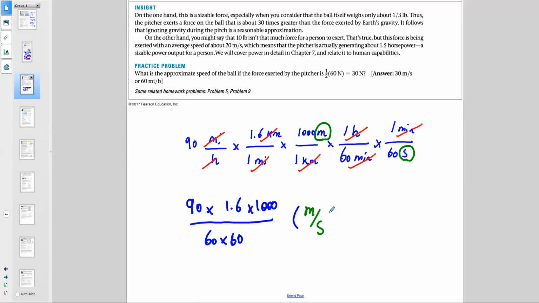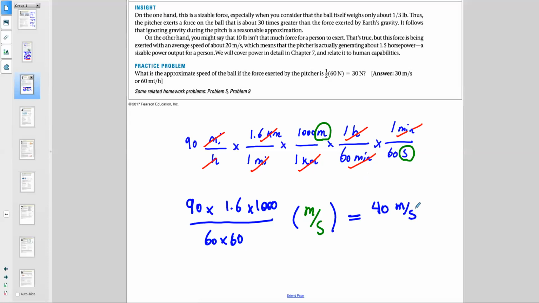Hooray! That means that I have turned my miles per hour to meters per second, and that's the number that I want, which is 40 meters per second. If you put it in your calculator, you'll get 40 meters per second.